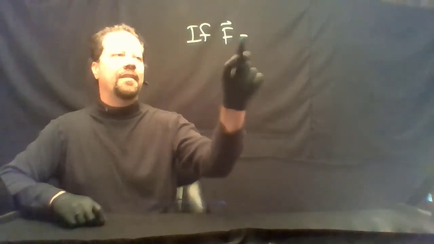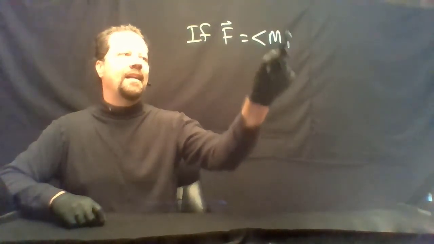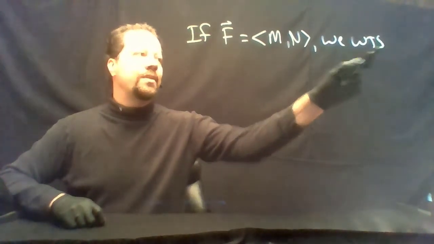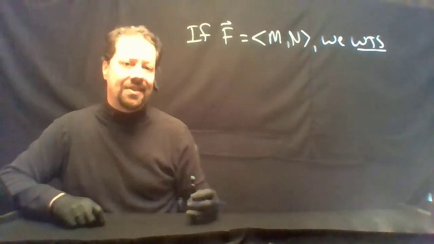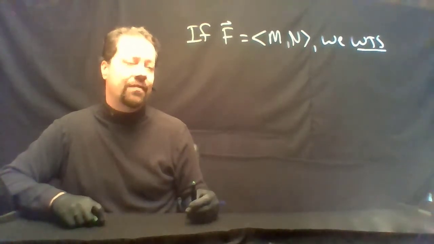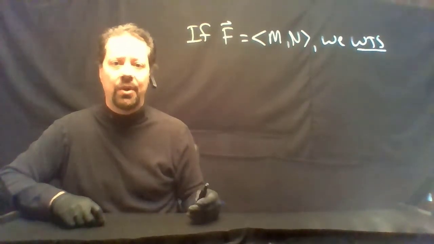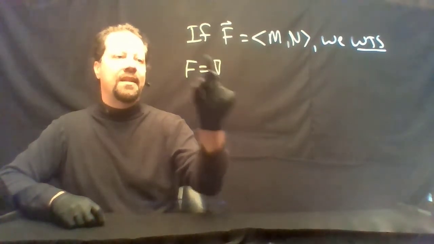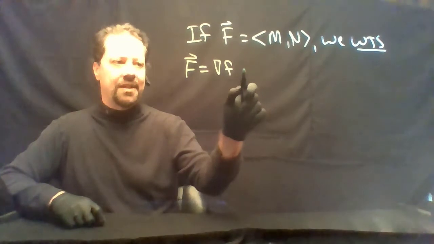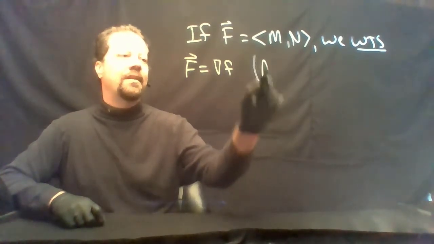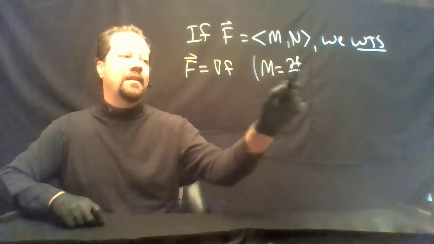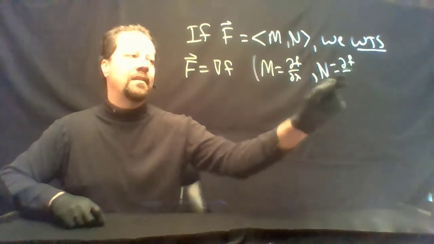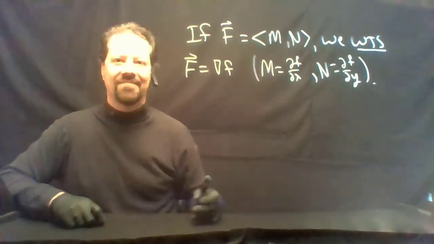If F is the vector field M, N, we want to show, and WTS is the standard abbreviation in mathematics for the phrase want to show, that F is the gradient of our potential function. In other words, M is df dx, N is df dy.